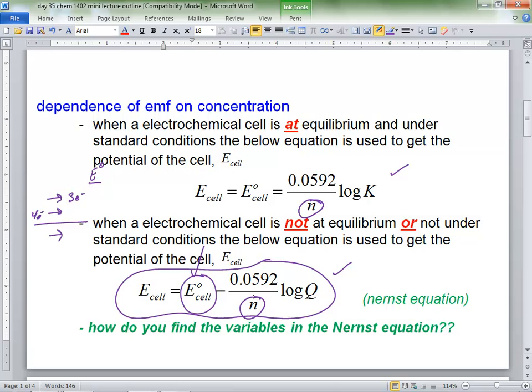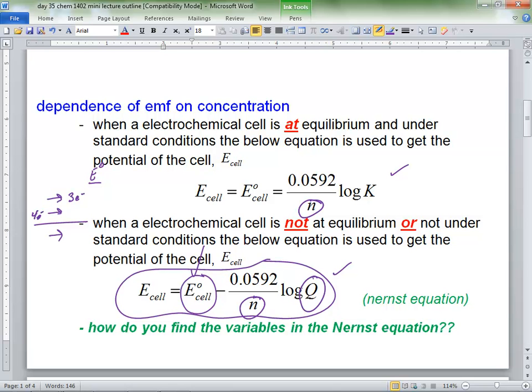We've seen Q before. Oh man, here's brownie points, Marcus, if you can remember what we called it. Start with an R. We used it to predict whether you were at equilibrium or not. Anyone remember? Reaction quotient.